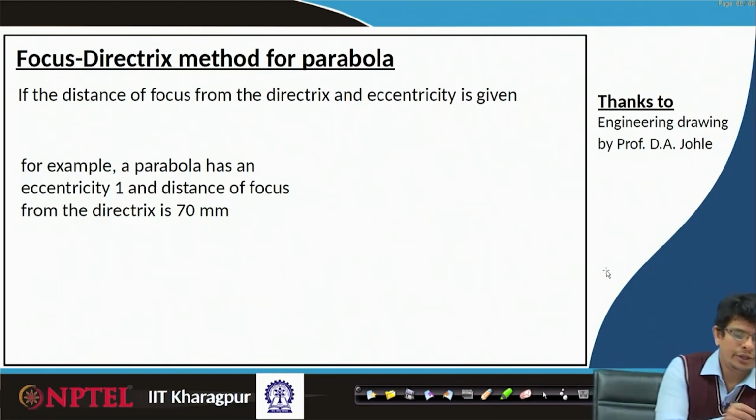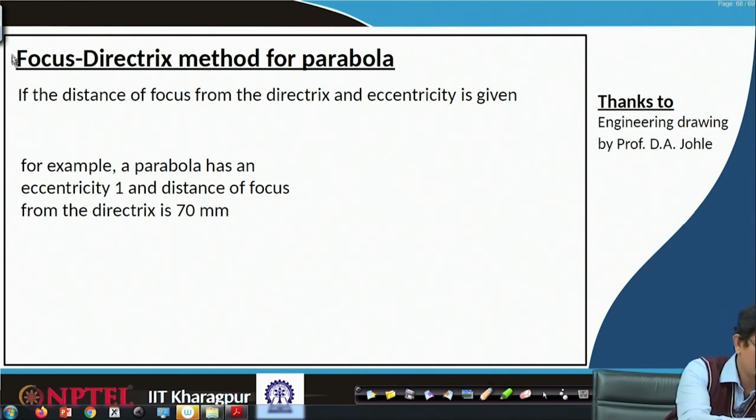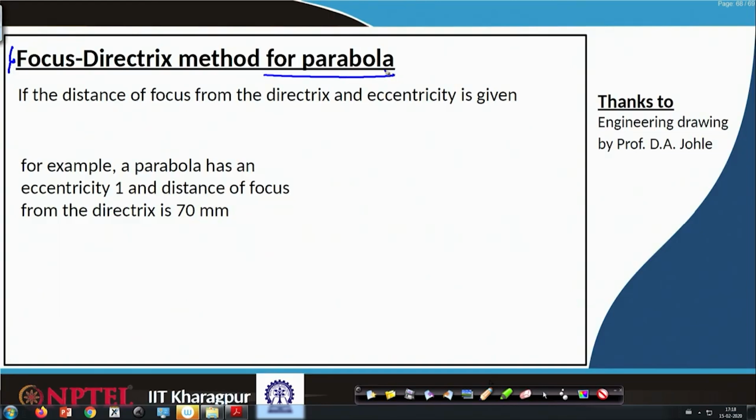Now, using the focus directrix method, the first one, we will construct a parabola. Let us begin with an example. If the distance of the focus from the directrix is given and eccentricity is given, for a parabola, eccentricity is always 1, whether it is given or not.